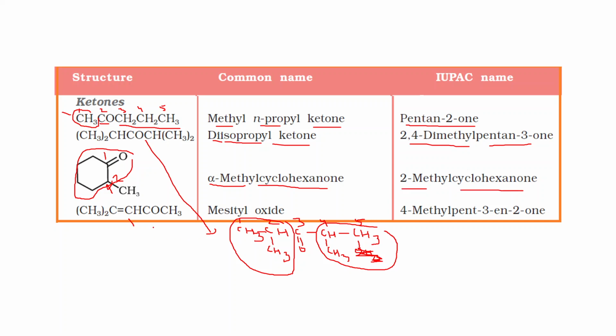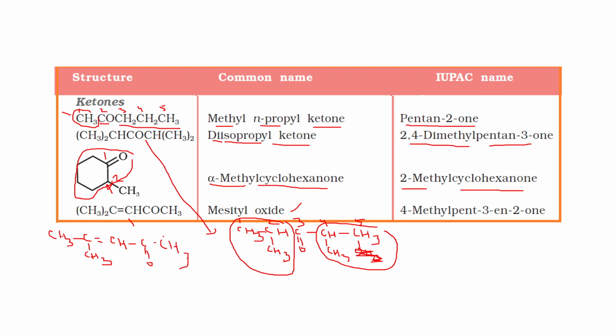Now this, in the common system, is known as mesityl oxide. Now come to IUPAC system. Again, you can expand this. Okay, this is CH3, this is C, this is CH3, then double bond, this is CH, this is CO, and this is CH3.